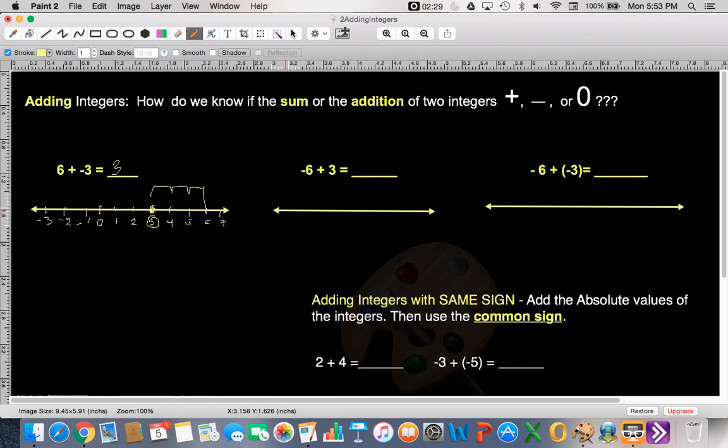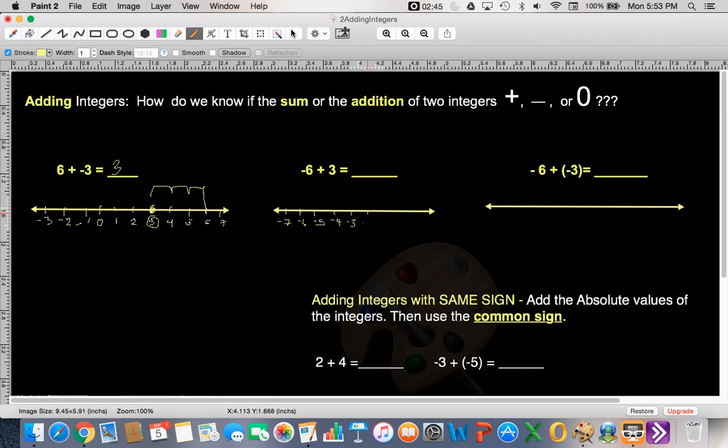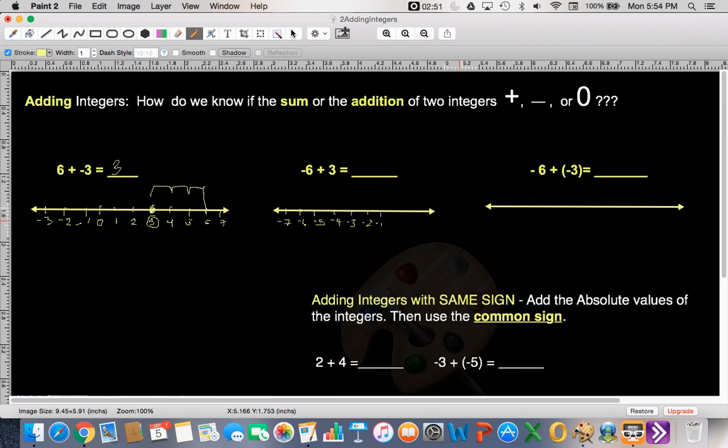Since you have negative 6, let's start here. Negative 7, negative 6, negative 5, negative 4, negative 3, negative 2, negative 1, and 0, 1, 2, and 3.